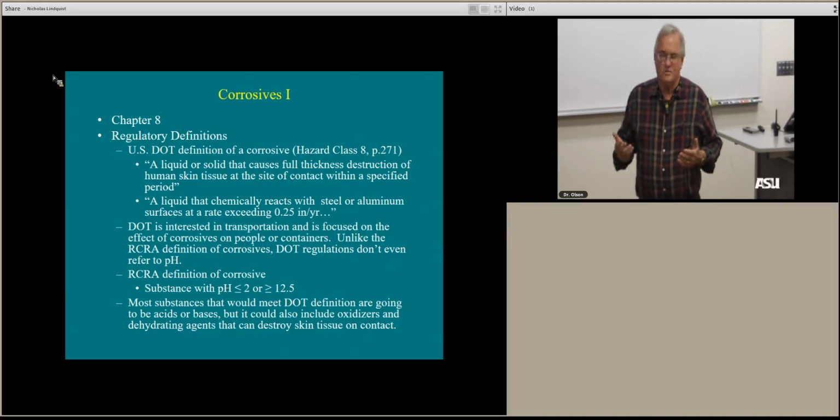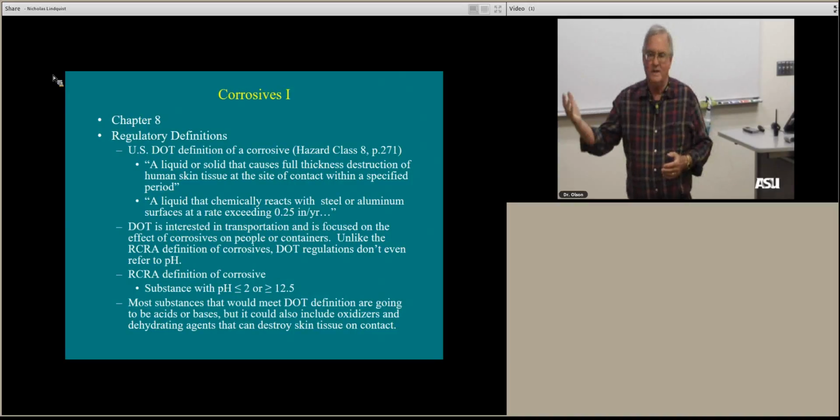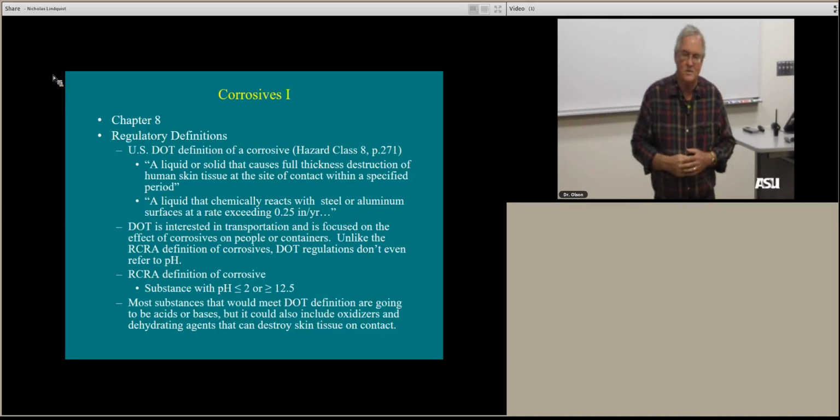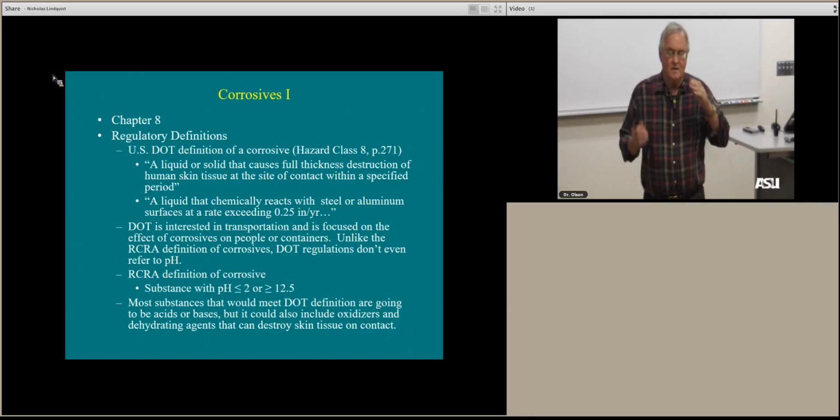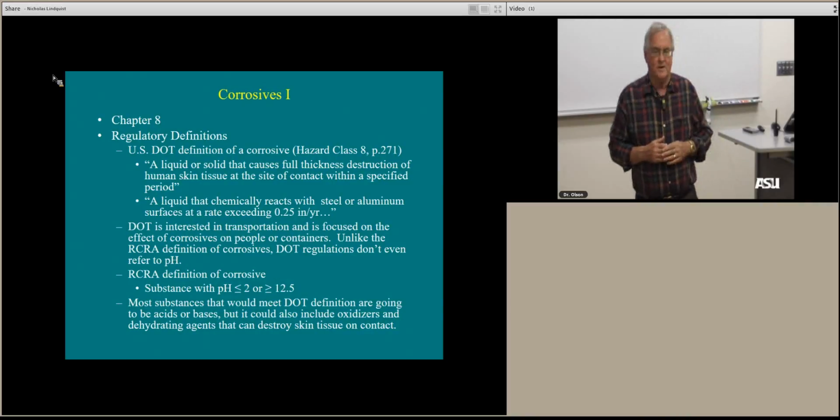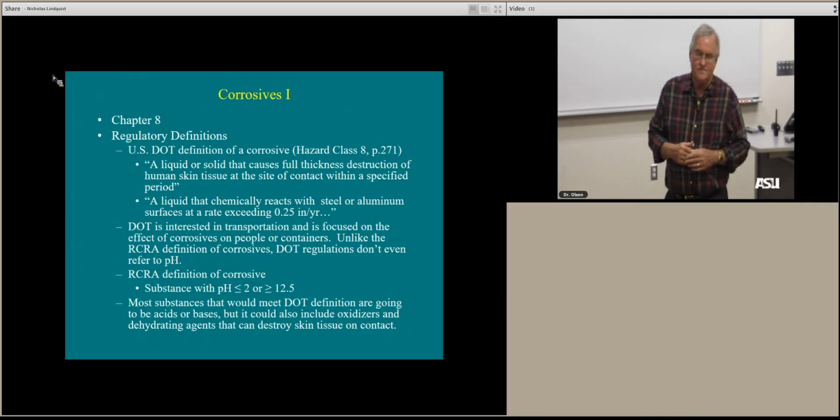So you can be a hazardous waste based upon whether you're listed, whether the particular chemical or waste stream is listed in the regulations, or whether it exhibits certain characteristics. And one of the characteristics that can cause a chemical to be classified as a hazardous waste is its pH.